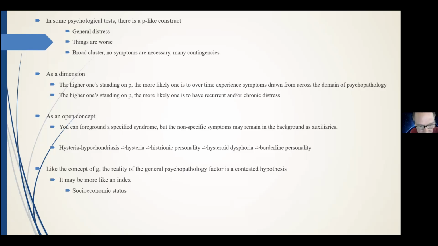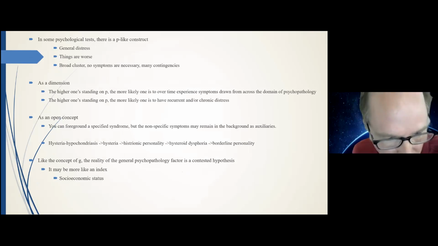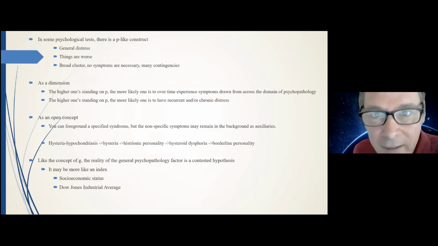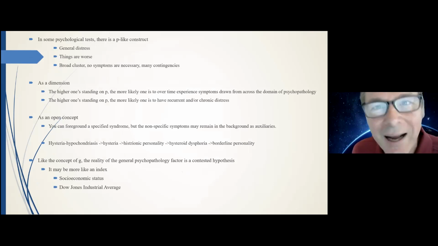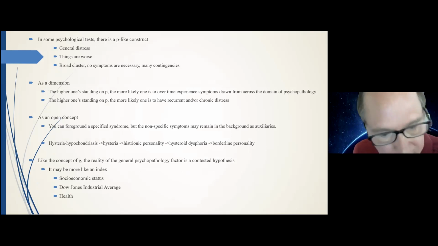But education and income are correlated, and the correlation between them is not caused by your socioeconomic status. Another example of an index is the Dow Jones Industrial Average. It's an index of the stock prices of 30 companies on the New York Stock Exchange, but the Dow Jones Industrial Average does not cause the stock prices.